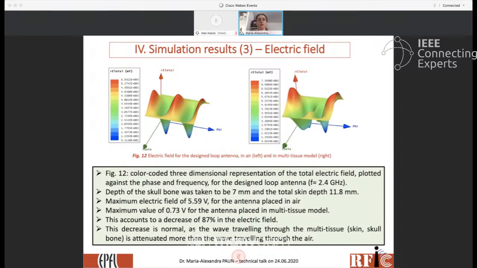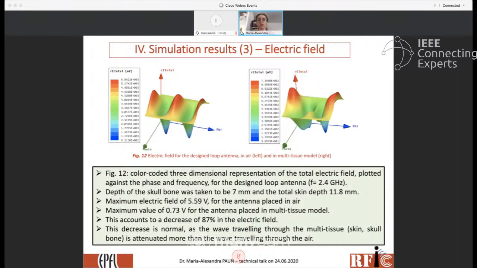We were also interested to have a look, obviously, at the electric field, and very much interested in looking at how the electric field for the designed loop antenna changes from purely air to a multi-tissue model on the right.